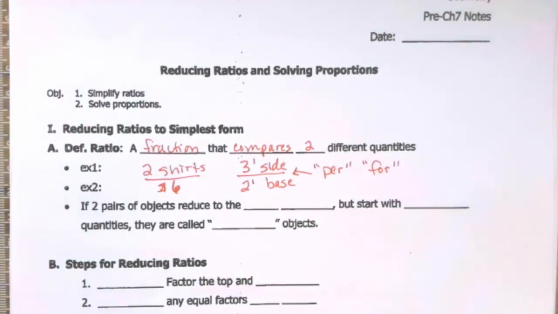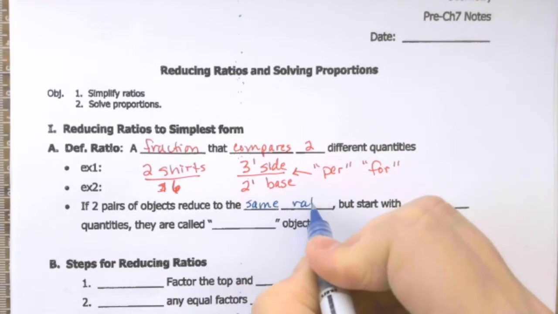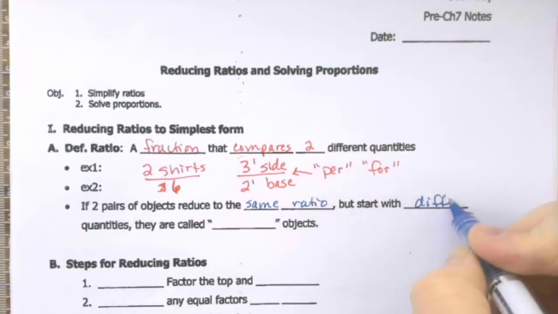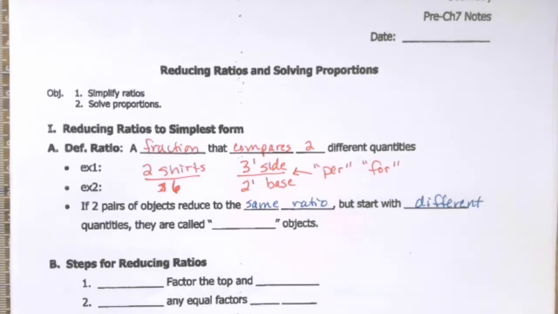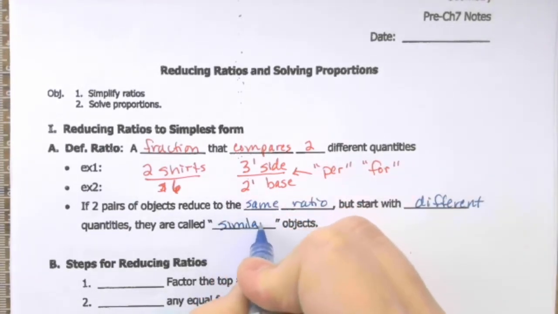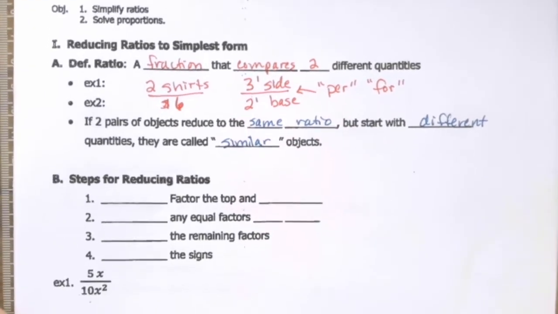All right, if two pairs of objects reduce to the same ratio, but start with different quantities, they are called similar objects. So again, it's how do you take two pairs of objects that start with different quantities but reduce to the same thing.